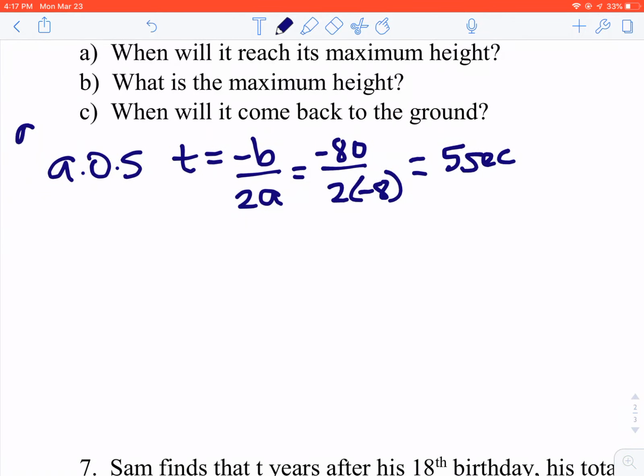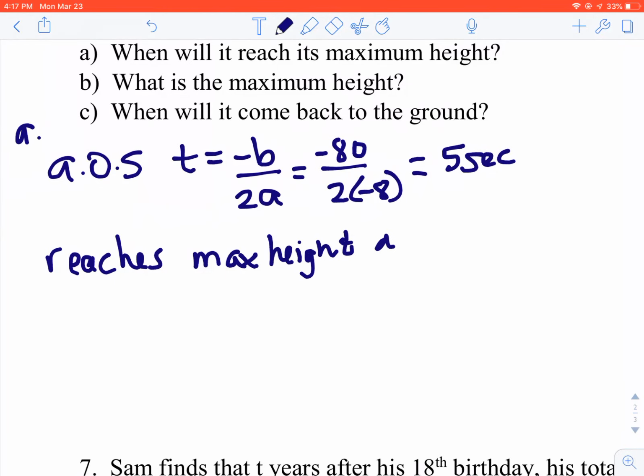So this is A, reaches maximum height. Remember, we're supposed to write a sentence. It reaches max height at 5 seconds. What is that maximum height? Well, let's do h of 5.